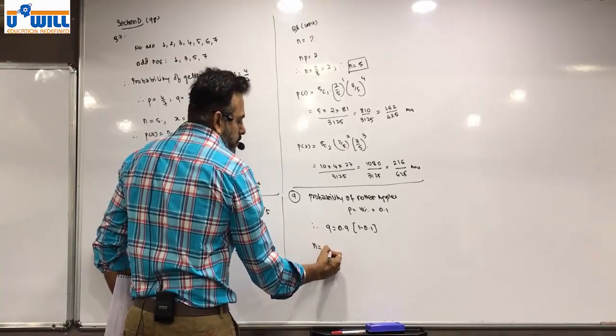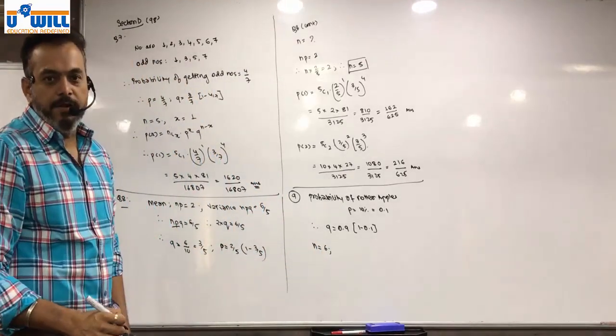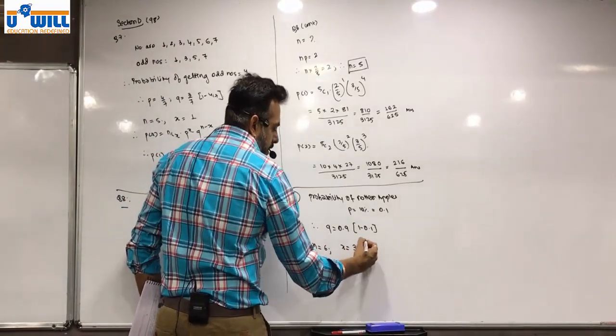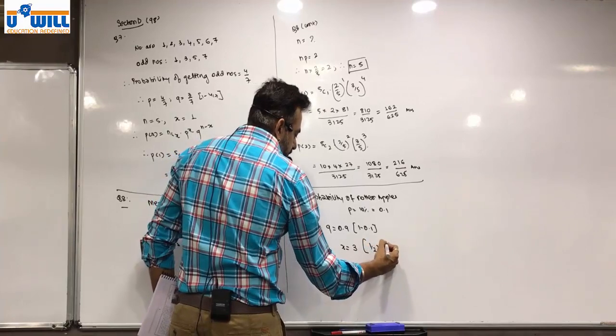N is equal to 6. We have selected 6 apples. We have to find half are rotten, so X is equal to 3, that is 1 by 2 into 6.